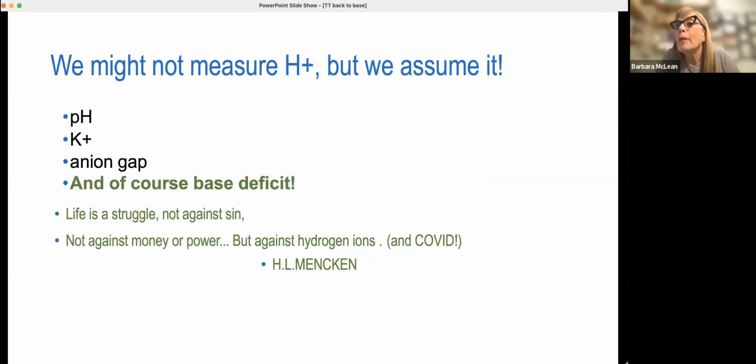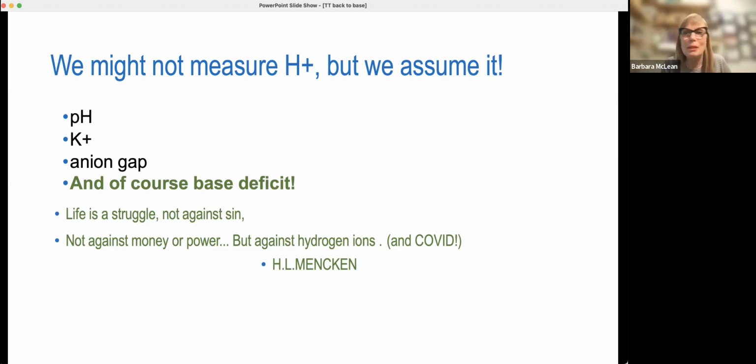So we might not measure hydrogen, but we're always going to assume it. Remember, we're going to assume it by your pH. Your pH is down, and this is not a CO2 problem. It's a hydrogen ion problem. Your potassium is up. We always have to consider that you might have metabolic acidosis. We look at a wide anion gap. And of course, we look at a decrease in bicarb or base deficit.